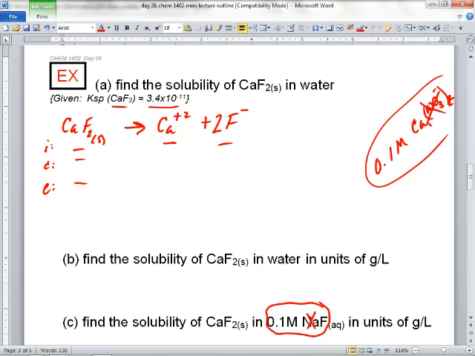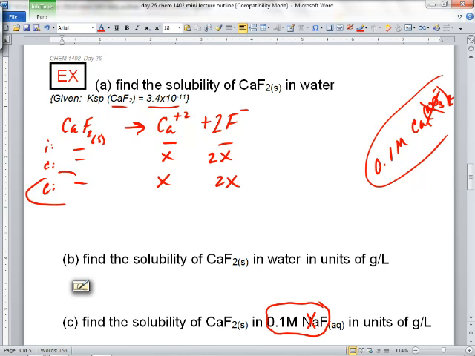We handle our change row, Matteo. How do we do that? Oh, you're so close. 2x, right? And then the E row, we just add stuff up. Because x and nothing is x, 2x and nothing is 2x.